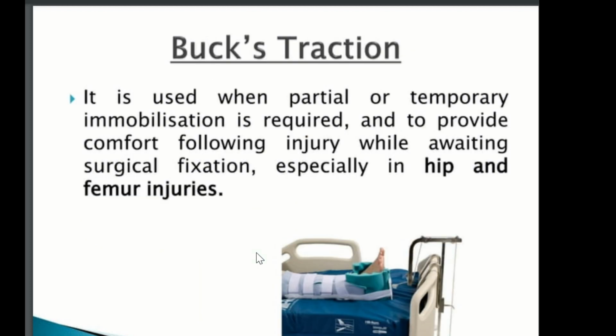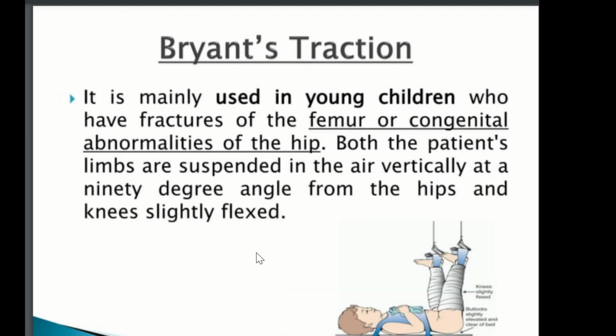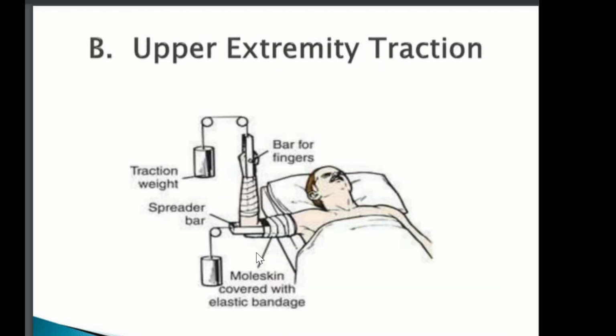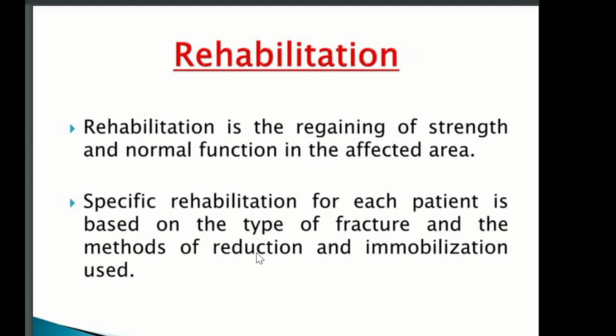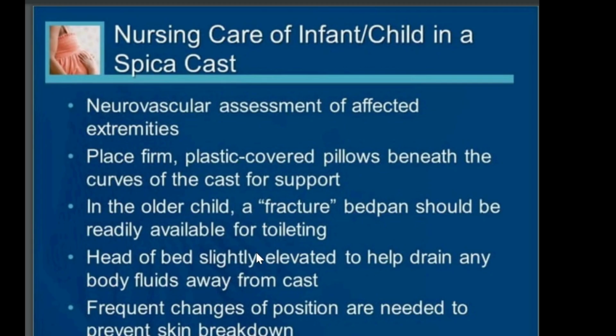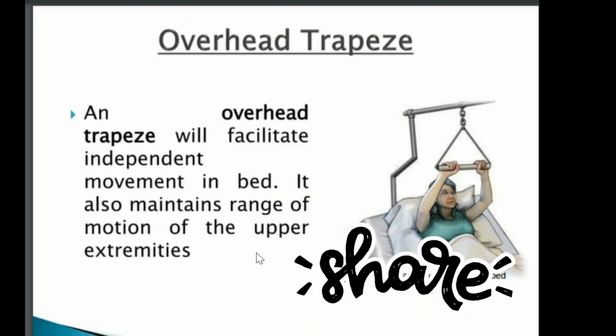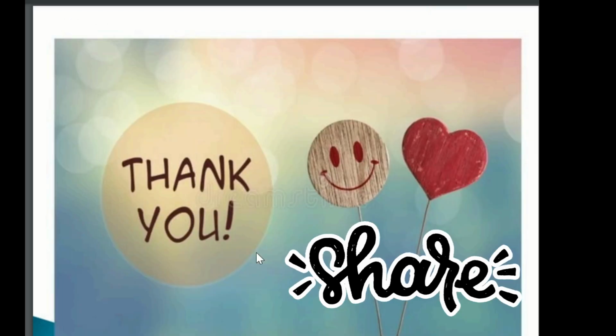Lower extremity traction includes Buck's traction, Russell's traction and French traction; upper extremity traction includes Dunlop's traction; then cervical traction, and rehabilitation. Nursing management is also important for nursing students, and complications.